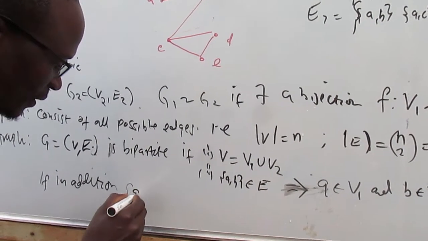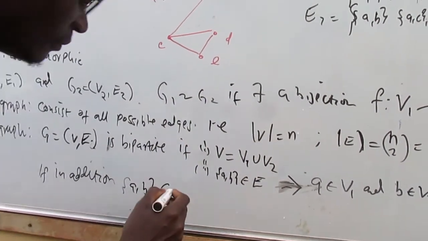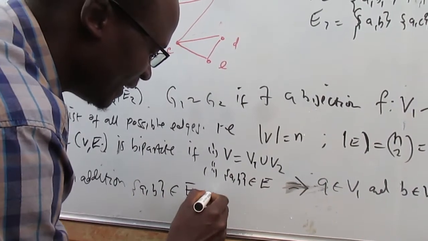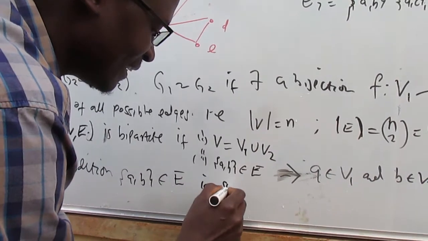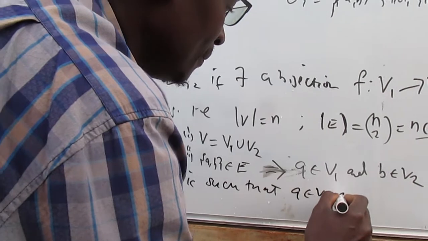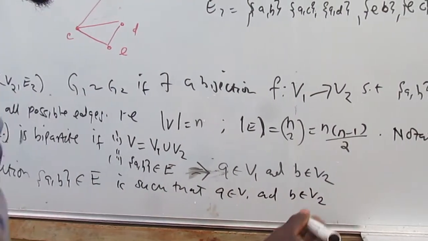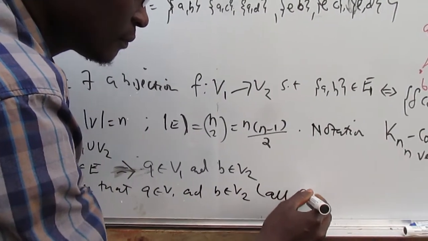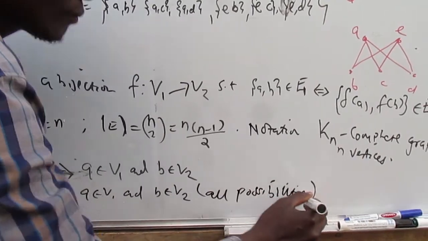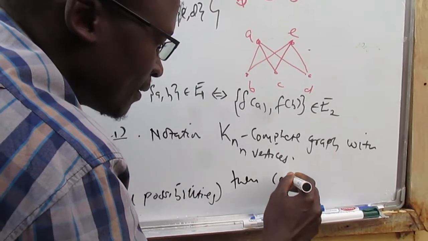So if in addition AB belonging to E is such that A belongs to V1 and B belongs to V2, so it's out of all possible, then we talk of complete bipartite.